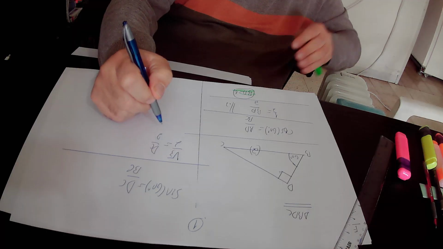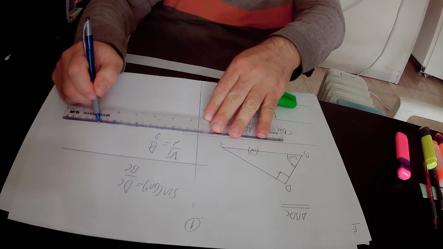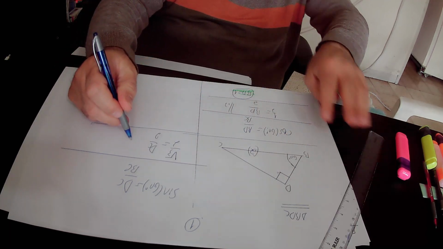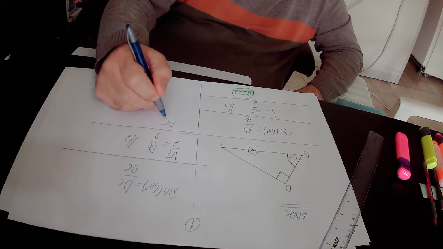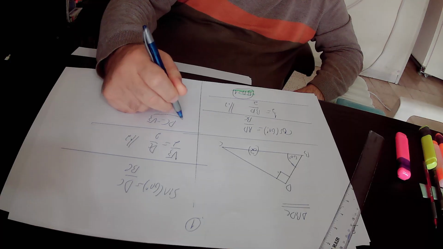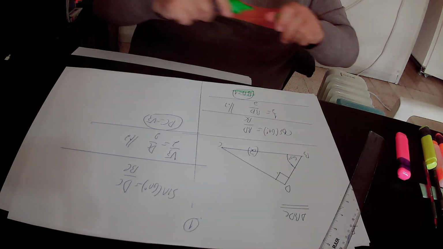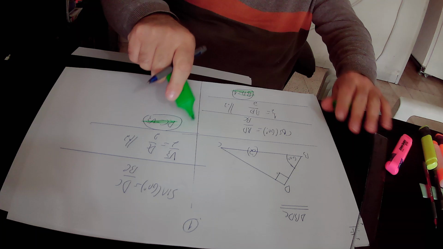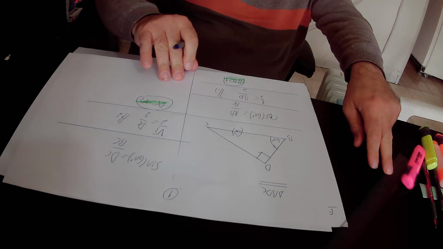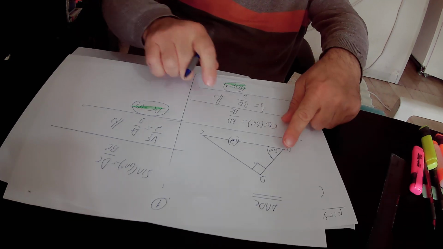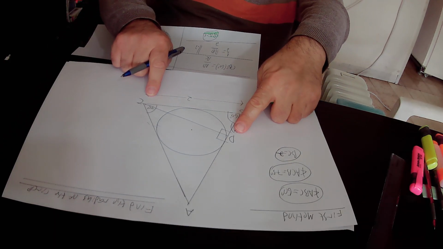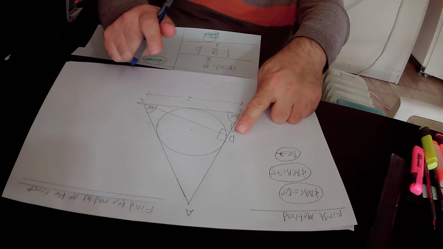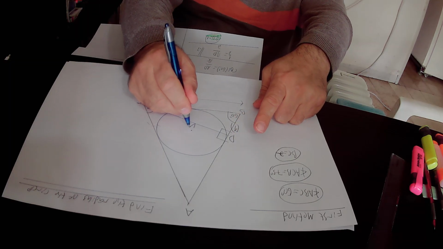BC is 2. So in conclusion, we found out the square root of 3 over 2 equals DC over 2. Here we multiply this equation by 2 and finally we get that DC equals the square root of 3 units in its length. You can write down here that this side DC equals the square root of 3 units in its length.